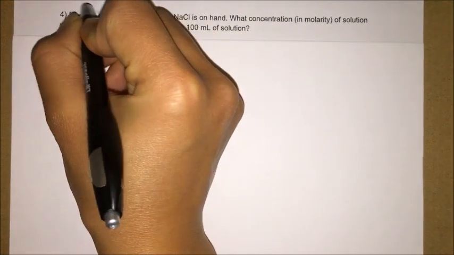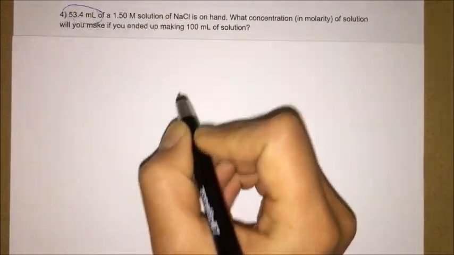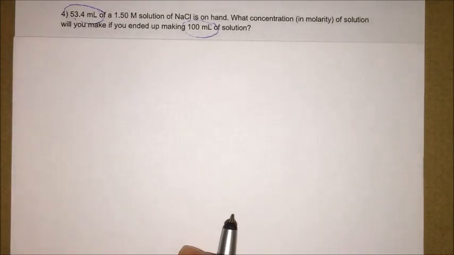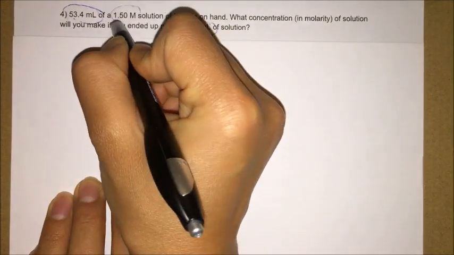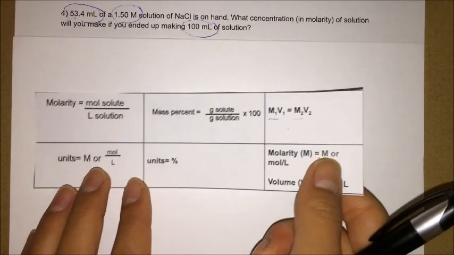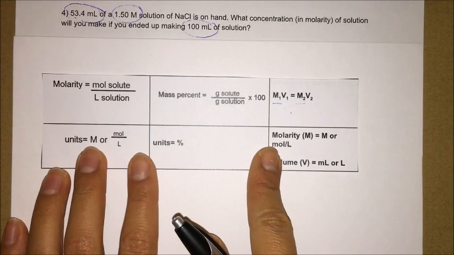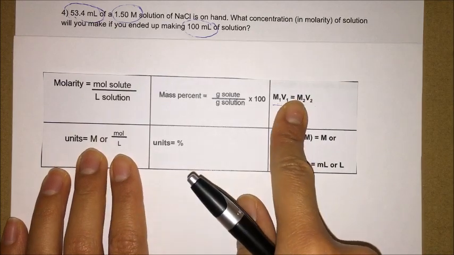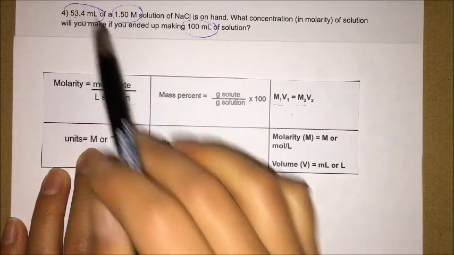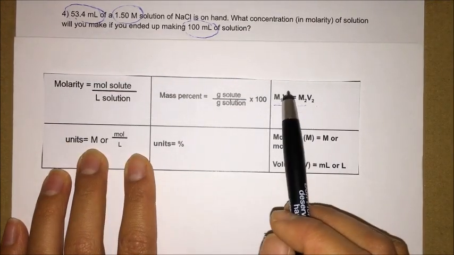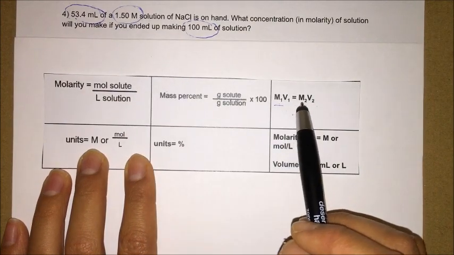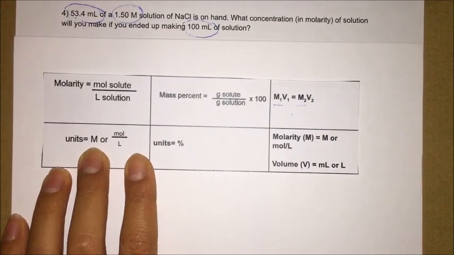So in this problem, they give you 1 and 2 values for volume, and they give you 1 molarity value. So looking back at our equations, you'll know you would have to use this third one, a dilution, because they give you 2 volume values that you could plug in here, and they give you 1 molarity, so you have to solve for the other.